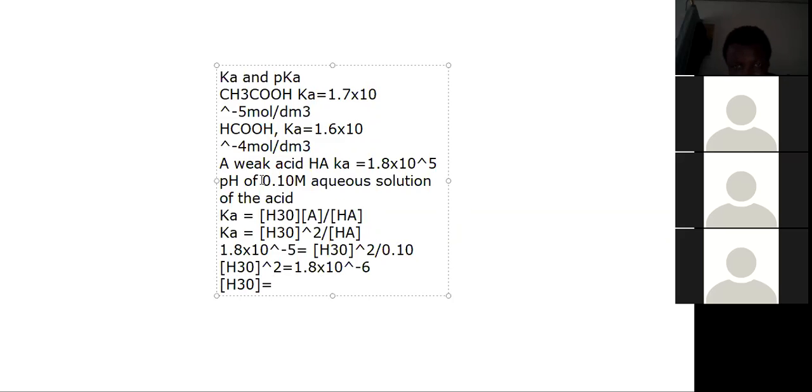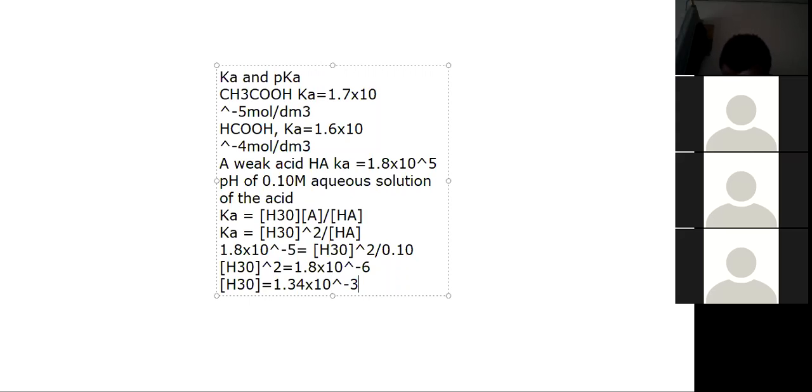What are you getting, please? 1.342 times 10 exponent minus 3. So this becomes the concentration of the H3O plus solution.